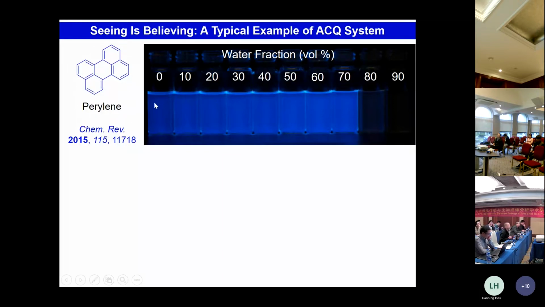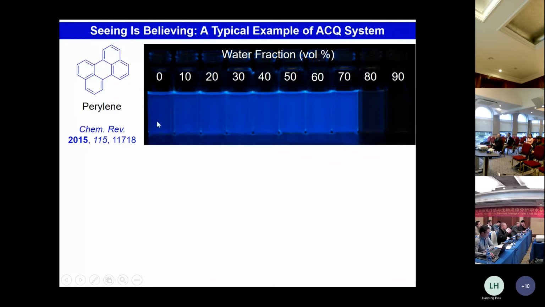When it's dissolved in an organic solvent at low concentration and you irradiate it with UV light, it will emit bright blue light very efficiently. However, if you add water into the organic solvent, at 80% water the emission is weakened. When the water fraction is further increased to 90%, the aggregate of the parent molecules will not emit light anymore.